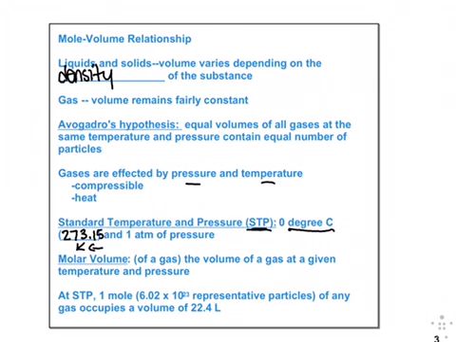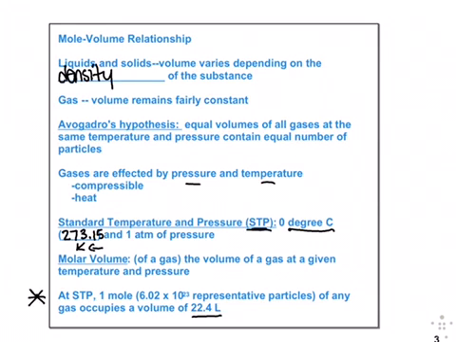So that allows us to calculate your molar volume of a gas, and that's the volume of the gas at a given pressure and temperature. At STP, 1 mole of any gas occupies the volume of 22.4 liters. This is another one of those ratios that you can add to your list that will help you solve problems.